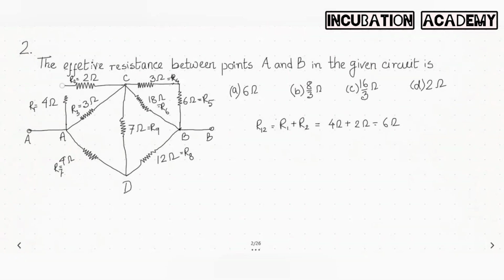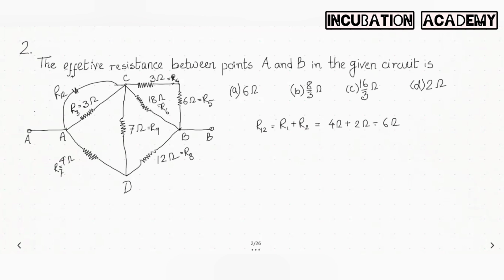By omitting these two, we can connect one resistance, the equivalent of these two. Let us say this is the resistance R12, which is the equivalent of R1 and R2.